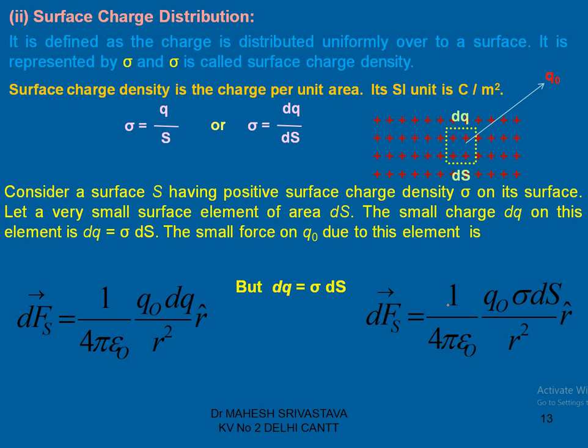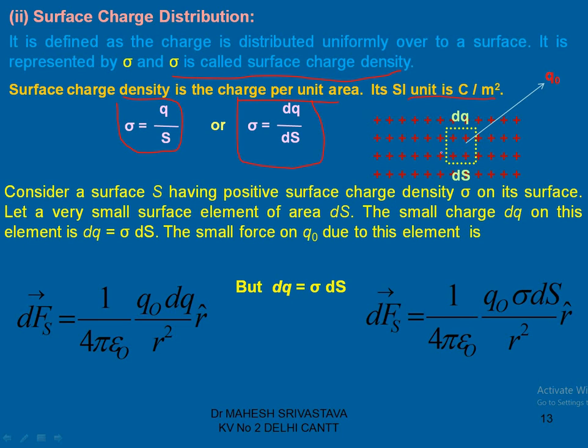It is represented by sigma, and sigma is called surface charge density, that is charge per unit area, and its SI unit is coulomb per meter square. Mathematically we can write sigma equals q upon S or sigma equals dq upon dS.